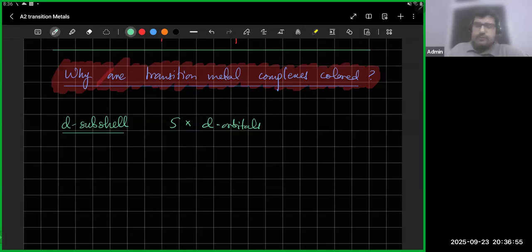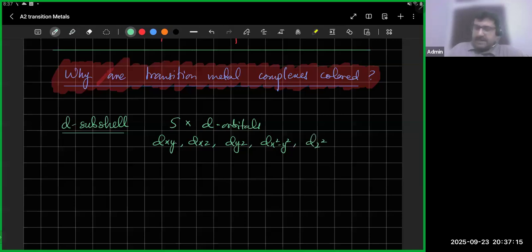Like in AS, you were asked to draw px, py, pz. These d orbitals are dxy, dxz, dyz, dx2 minus y2, and then there is dz squared.